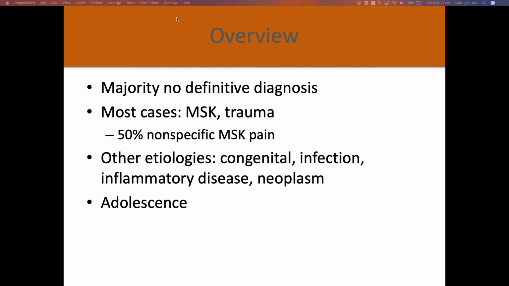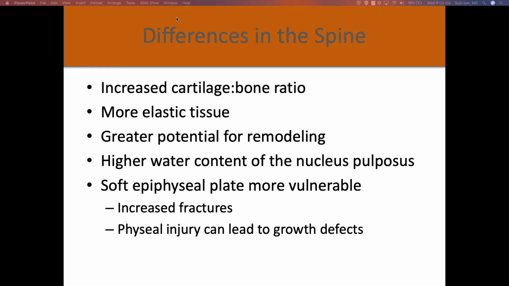By far, it is associated with trauma, and oftentimes the majority ends up being benign musculoskeletal in etiology. But there are other causes that you need to take into account. Again, not as common, but congenital anomalies, infectious processes, inflammatory processes, and even neoplastic causes. And like I said, it most often occurs in adolescence.